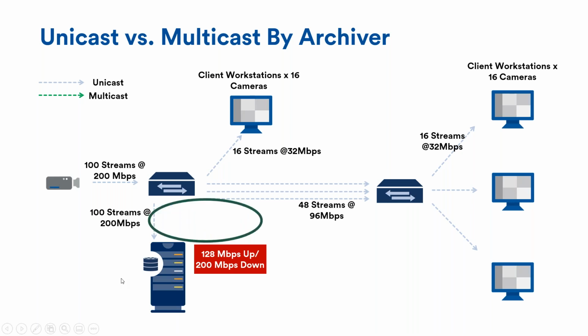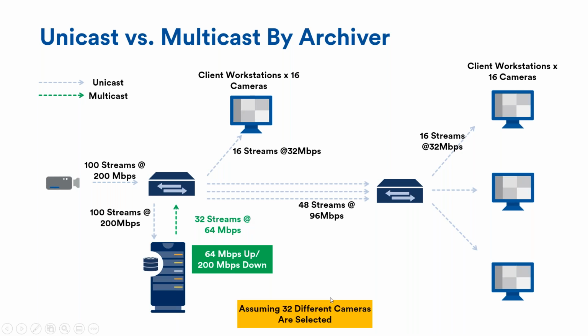So now let's look at the same request, but we use multicast transport. So in this case, because it's the switches that are doing the distribution of the video stream in multicast, because they support the IGMP protocol, what happens is the archiver will then set up 32 streams at 2 megabits per second.